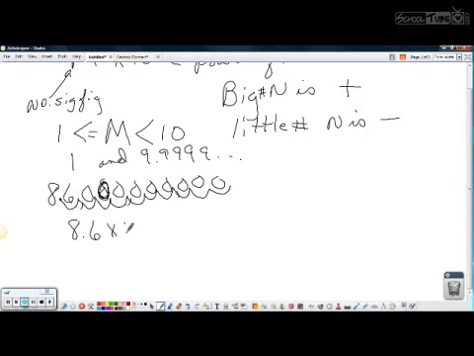Then I write times 10, and I go back and I count how many places I moved my decimal to get it where it is now. So I count 1, 2, 3, 4, 5, 6, 7, 8, 9, 10. So 10 to the 10th power. Was the original number a big number? Yes. So my exponent is positive.